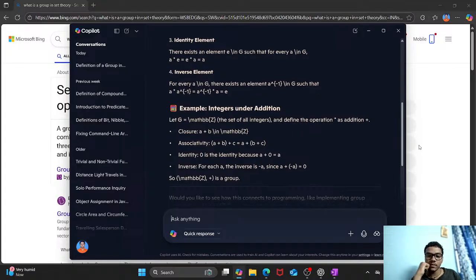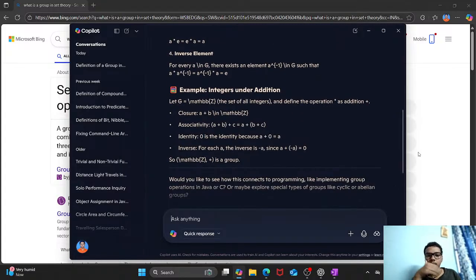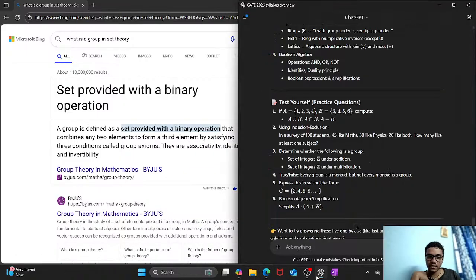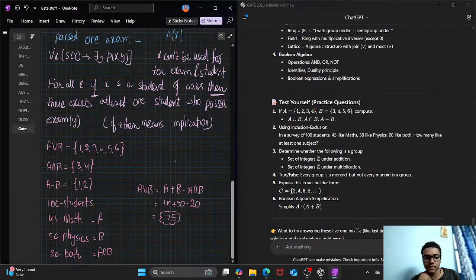Set of integers. Set of integers under addition is a group. Set of... okay, that is our question, I see.